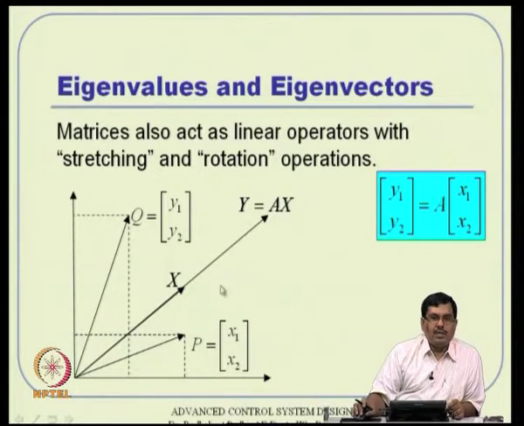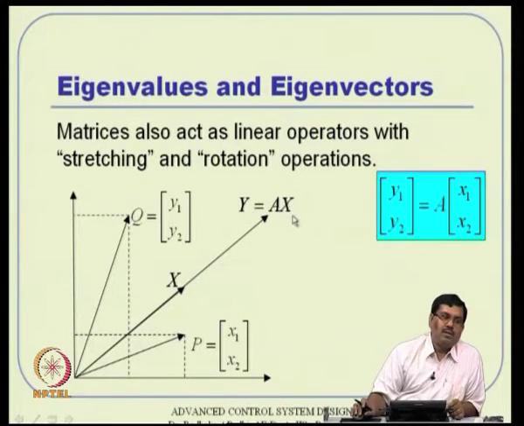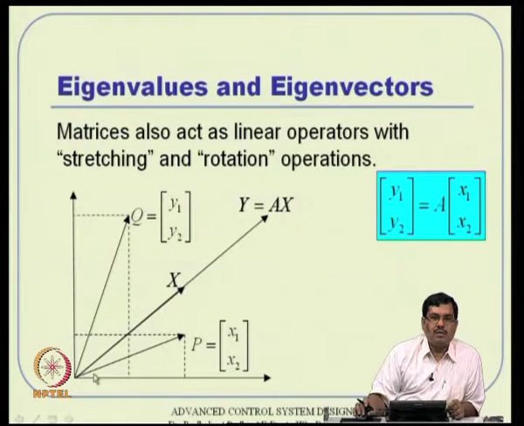Whatever direction pops up is called the eigenvector direction, or principal axis. Those are the directions given by eigenvectors, and the magnitude of stretching is given by eigenvalues. In general, this magnitude can be a complex number, but we will not venture too much into that.